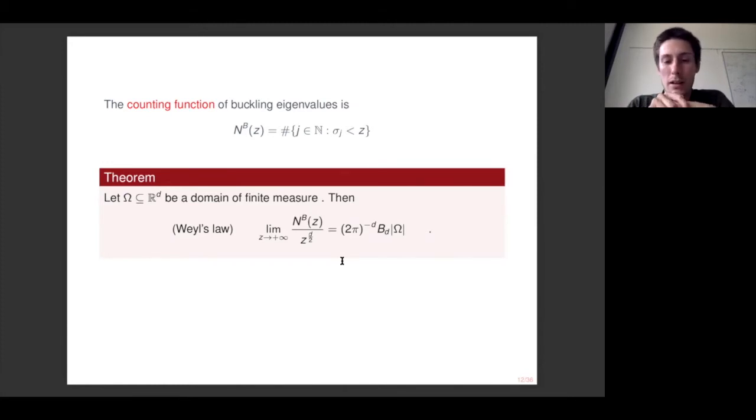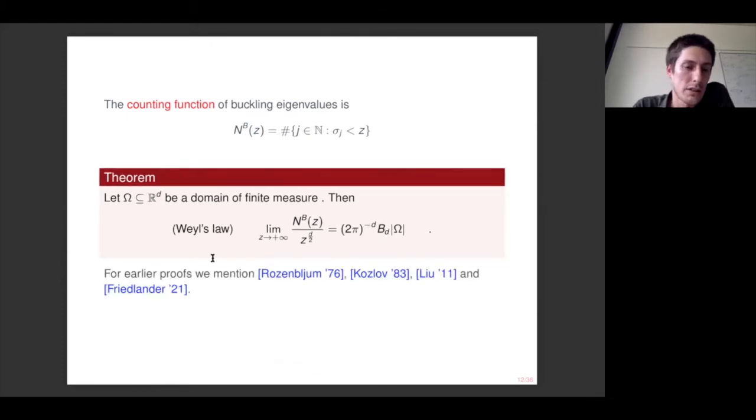And since in the eigenvalue equation of the buckling problem the two sides of the equation differ by only a Laplacian, one expects that the asymptotic behavior of the counting function will be the same as that of the Dirichlet or Neumann Laplacian.